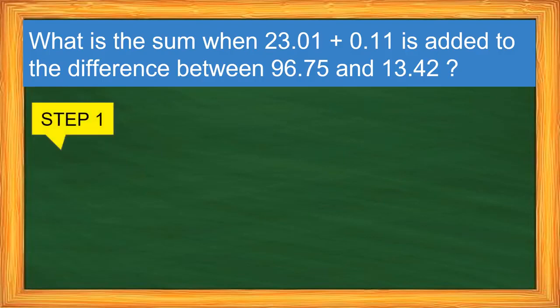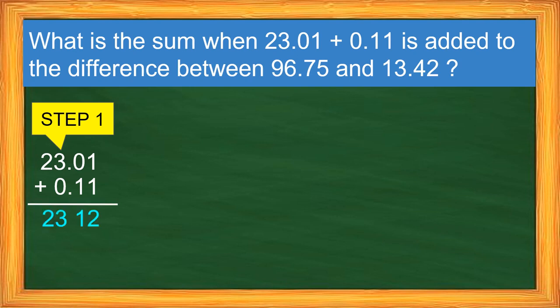So, step 1, unahin muna natin to. 23 and 100ths plus 1100ths. So, sagot natin would be, okay, dagdagan ng decimal point dapat. So, 23 and 1200ths. Hindi dapat makalimutan ang decimal point.